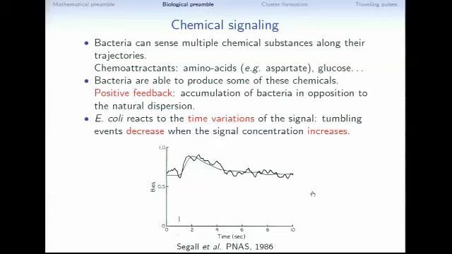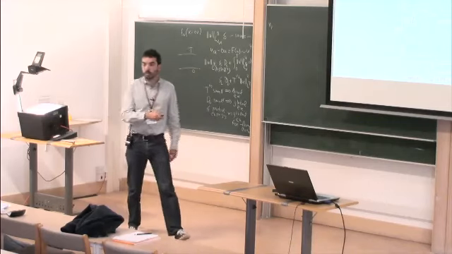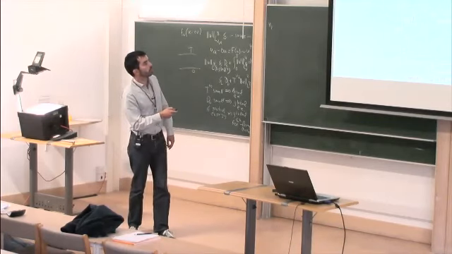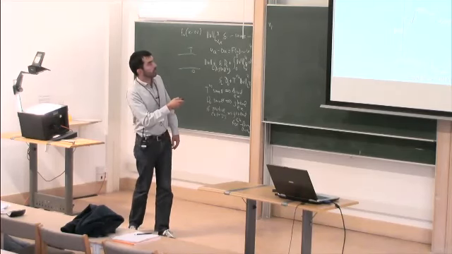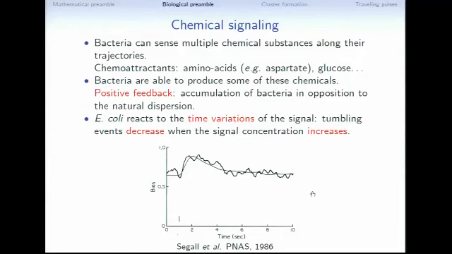Here we consider only attractants, which could be amino acids that are required for metabolism, or glucose, or oxygen. It could be several things. It doesn't really matter for our purpose. And what is also very interesting from the mathematical point of view is that it is able to produce those chemicals, which give you a nonlinear feedback, and which give you enhanced chemotaxis as in the Keller-Segel model.